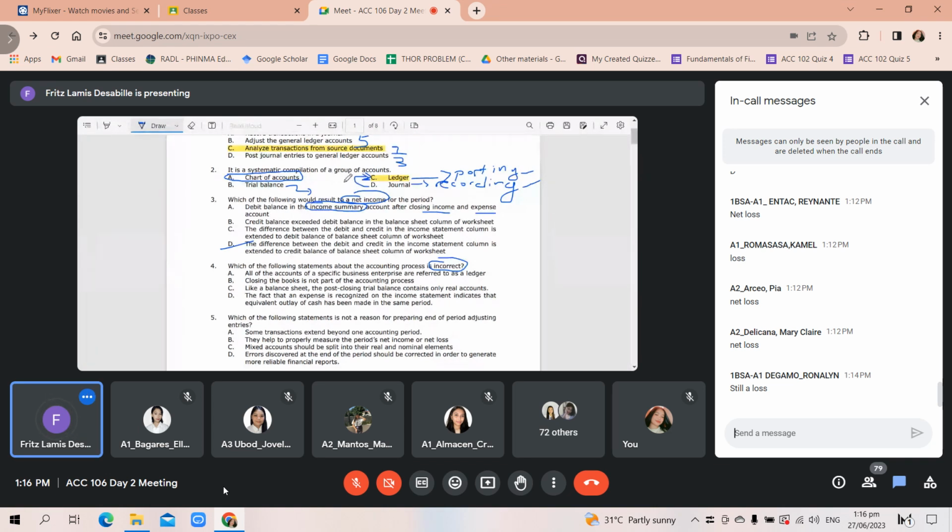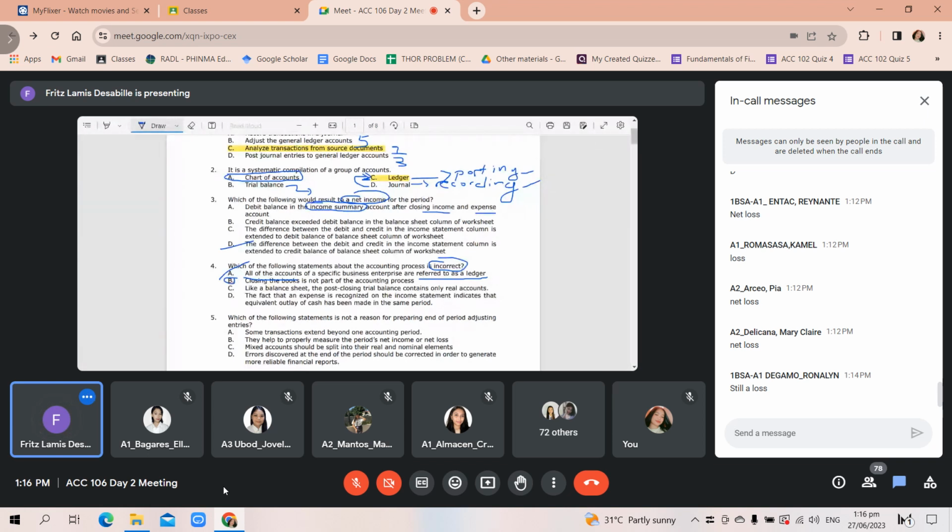Compilation of a group of accounts. So kani, tanang accounts daw are referred to as a ledger. Now, these are the compilation of the group of accounts. So correct. Closing the books is not part of the accounting process. Incorrect.